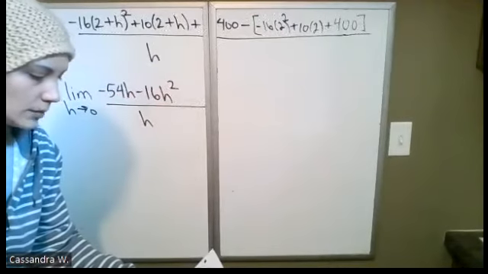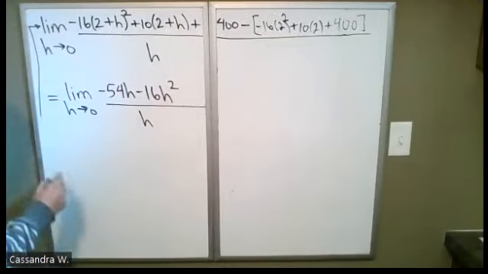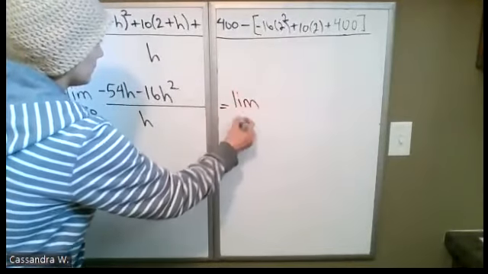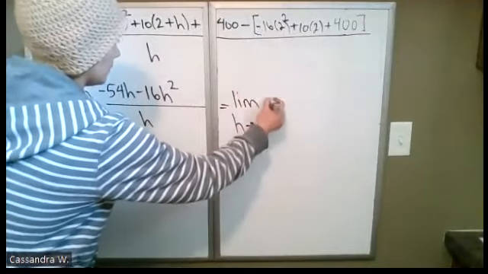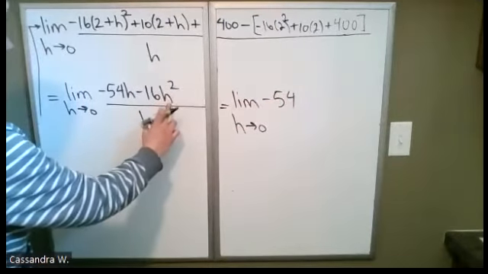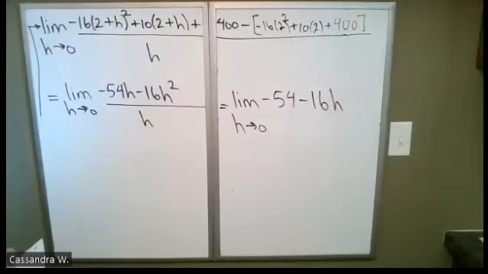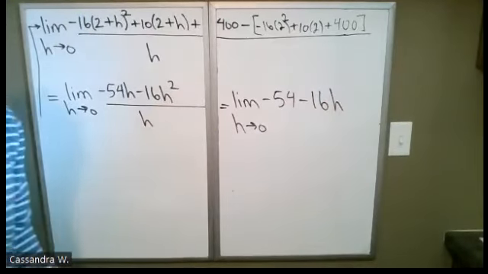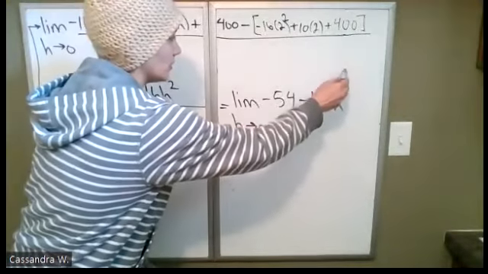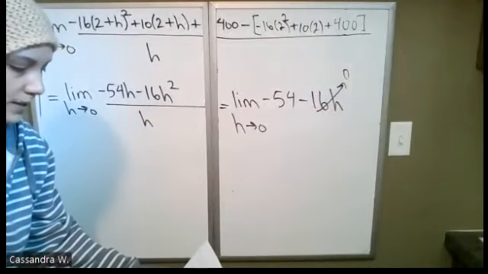Okay, then reduce that to the limit as h goes to 0 of negative 54 minus 16h. All right, then let h go to 0, which makes this go to 0. And I got negative 54, and it's feet per second.